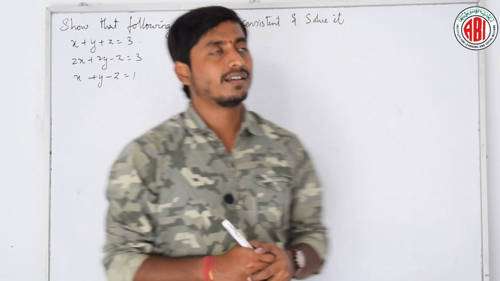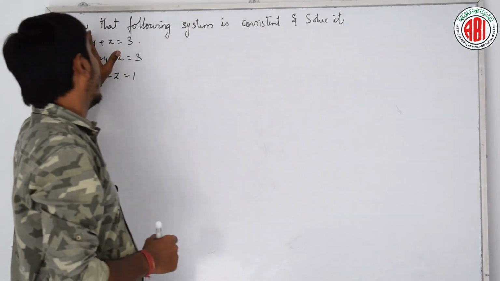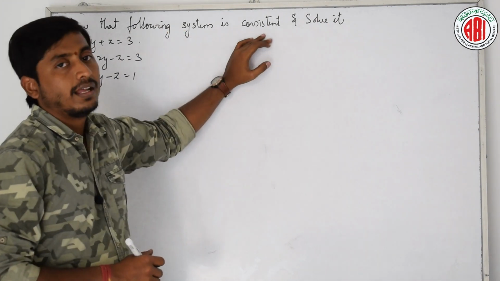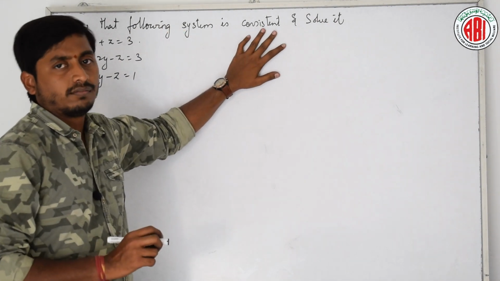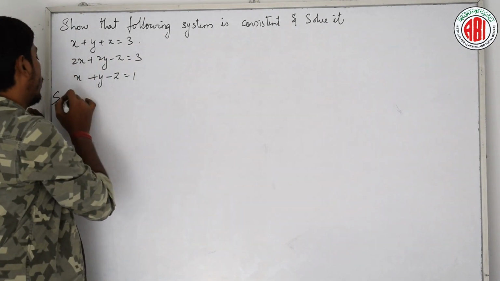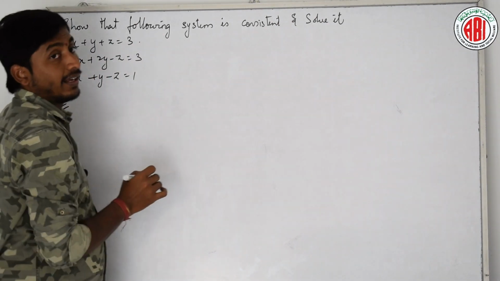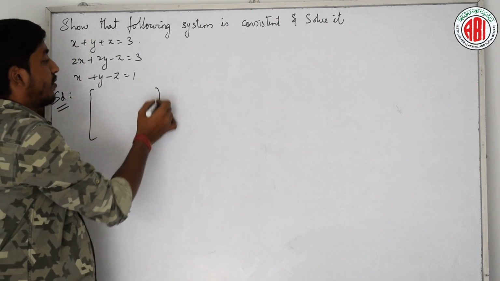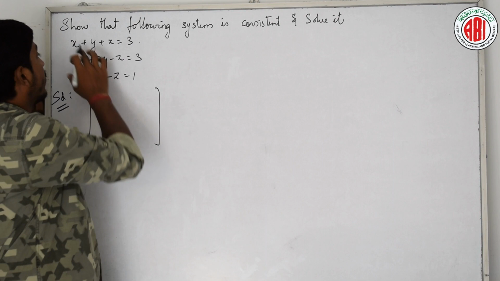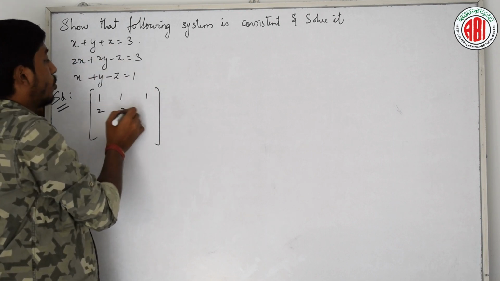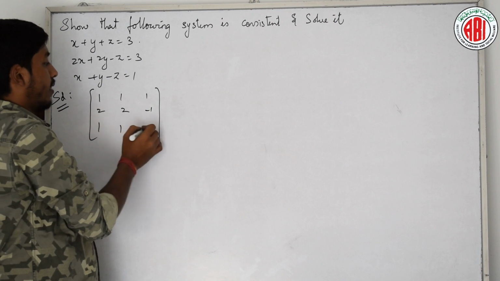See here, the question is: show that the following system is consistent. If yes, solve it. What is the first step we have to do? We have to write it in the matrix form. First, we write the coefficients: 1, 1, 1; next, 2, 2, minus 1; 1, 1, minus 1.